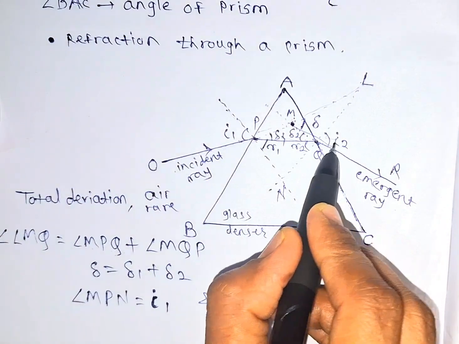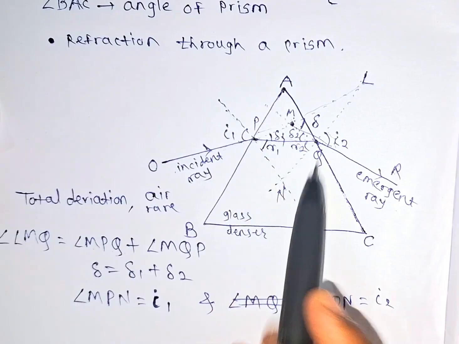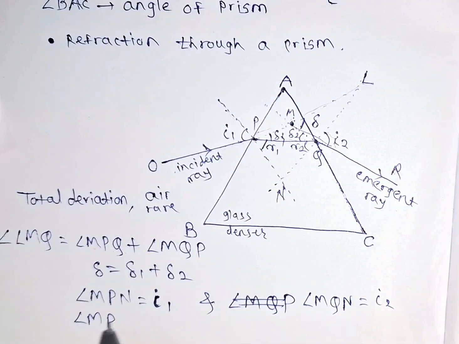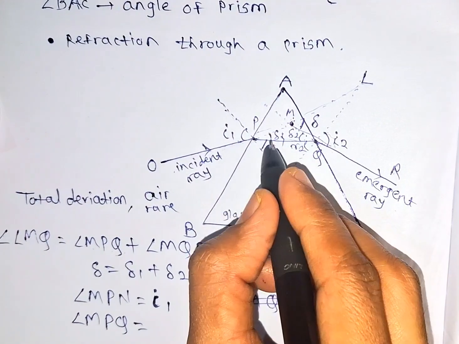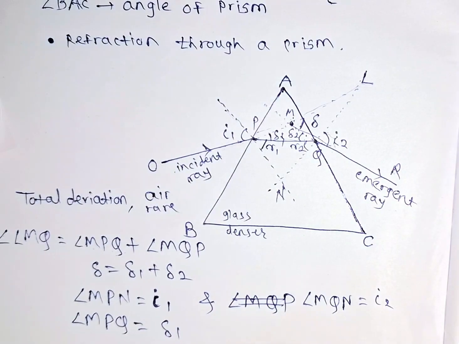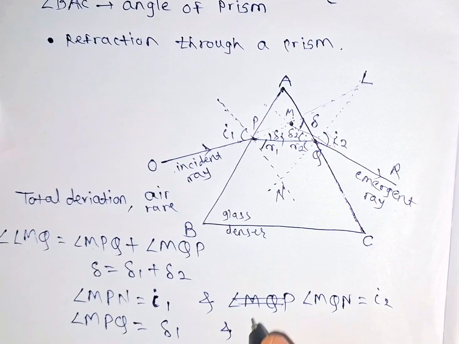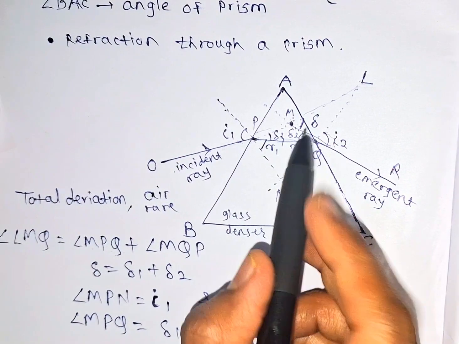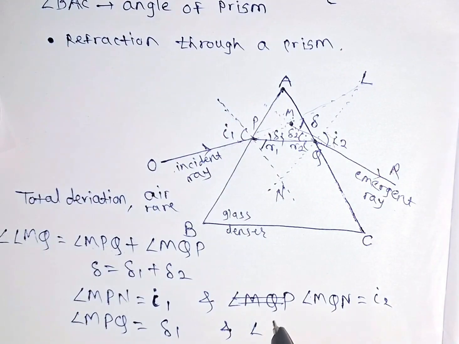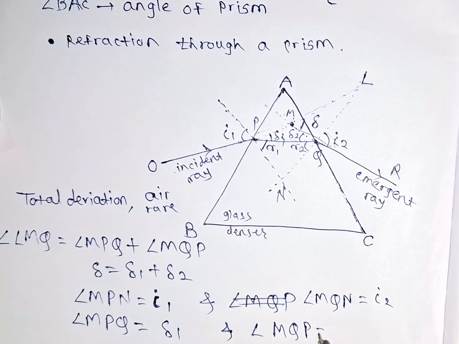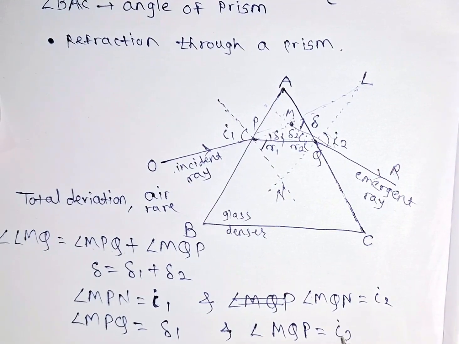Angle MPQ is delta 1 and angle MQP is delta 2.